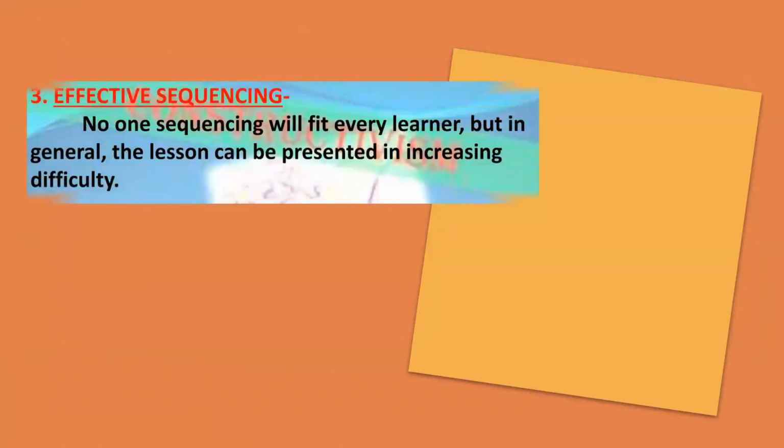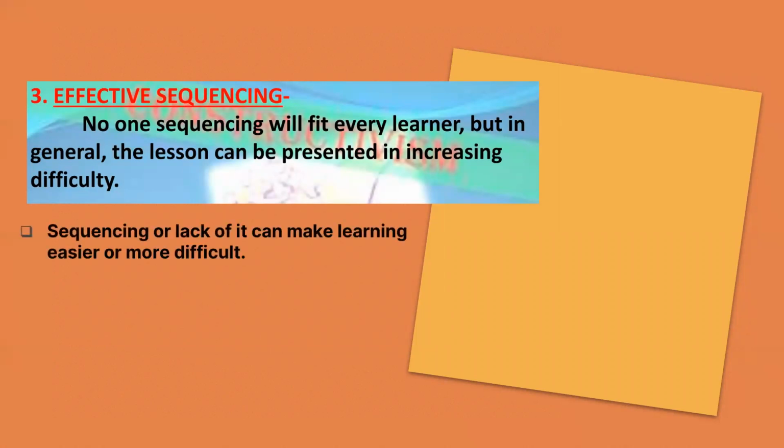Number 3, effective sequencing. No sequencing will fit every learner, but in general, the lesson can be presented in increasing difficulty. I think I have also discussed this in spiral curriculum, so it has similarities here. So hindi lahat ng tinuturo ay angkop sa lahat. We could teach this in content, but depende yan sa level ng estudyante.